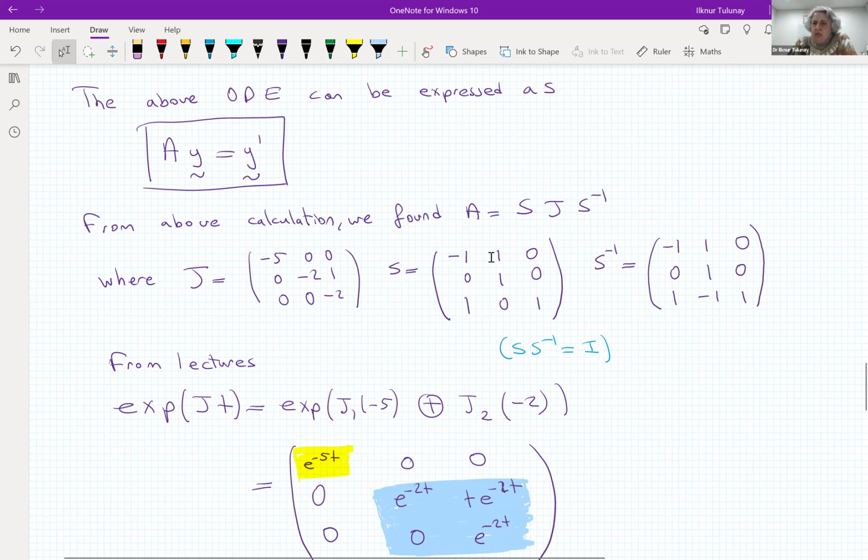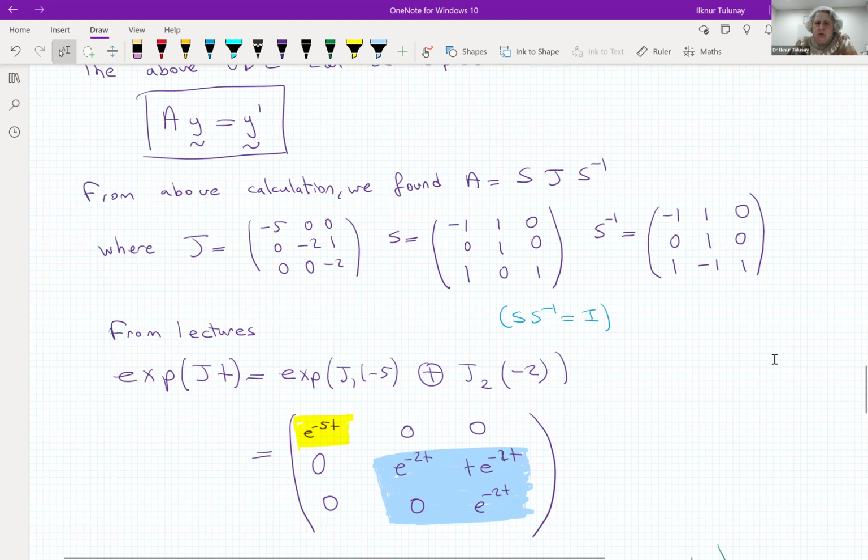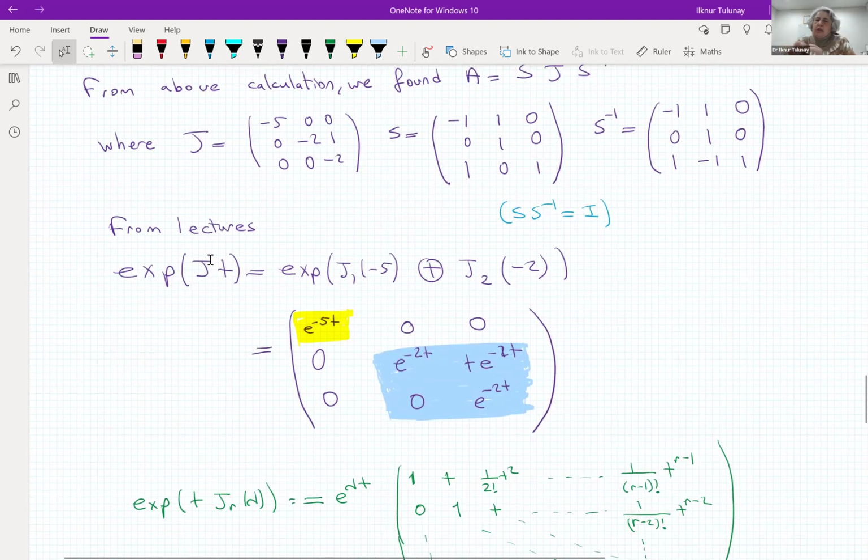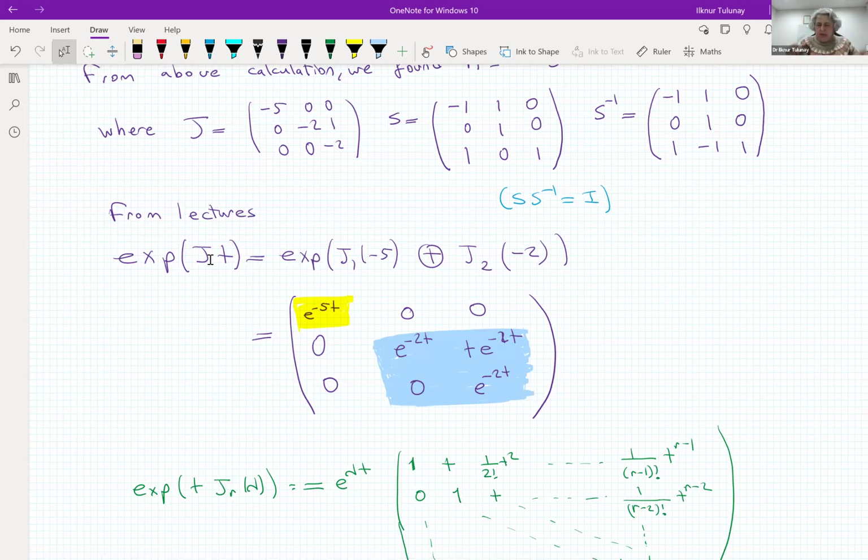You can check: this one and this one is 1, and this one and this one is 0, this one and this one is 0, this one 1, this one 0, and so on. So it's an identity matrix. So this is the S inverse of this one. And from the lectures, we know how to write down e^{Jt}, just the definition at that moment. So I need to give these definitions, and then I will explain in the end.